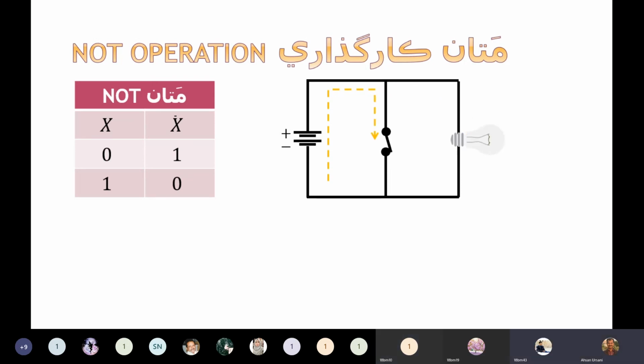When the switch is closed, why is the lamp off? Sir, current flows through the shortest path. Current does not go to the lamp. Why? The short. Sir, because the switch is closed.